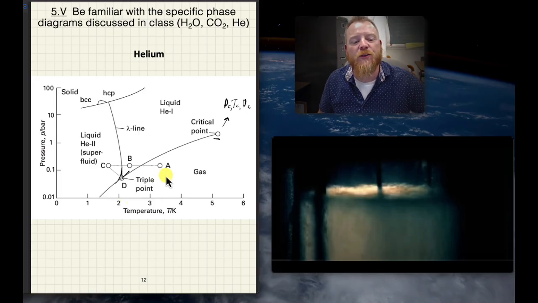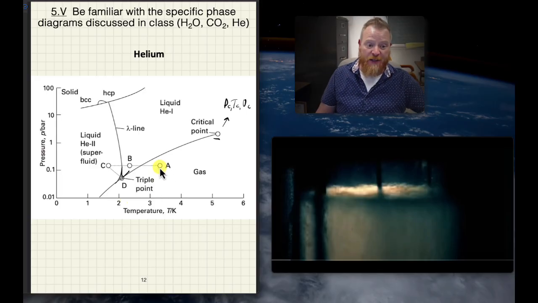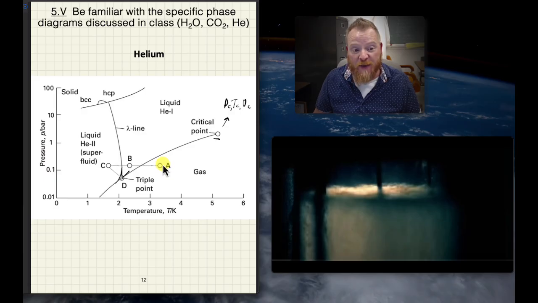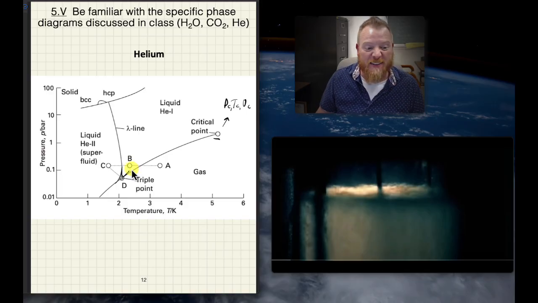So if we were to start at point A down here with gas phase helium, very, very cold gas phase helium, right at 3 Kelvin, and let it cool at a constant pressure, we would see it boil as we cross that line. And then eventually as it crosses this line, it will go into the superfluid phase, right?